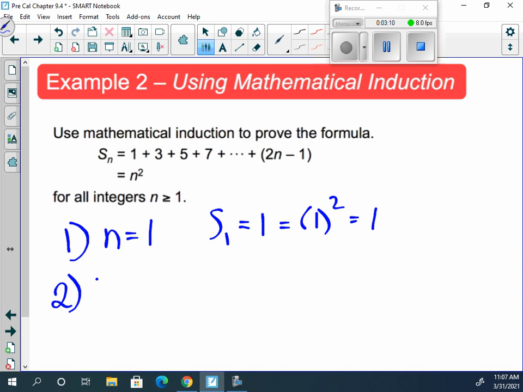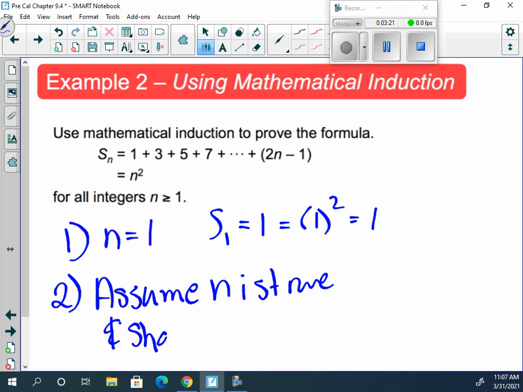Now to do that, we're going to assume n is true and show that n plus 1 is true. So we assume n is true, and then we show that n plus 1 is true.